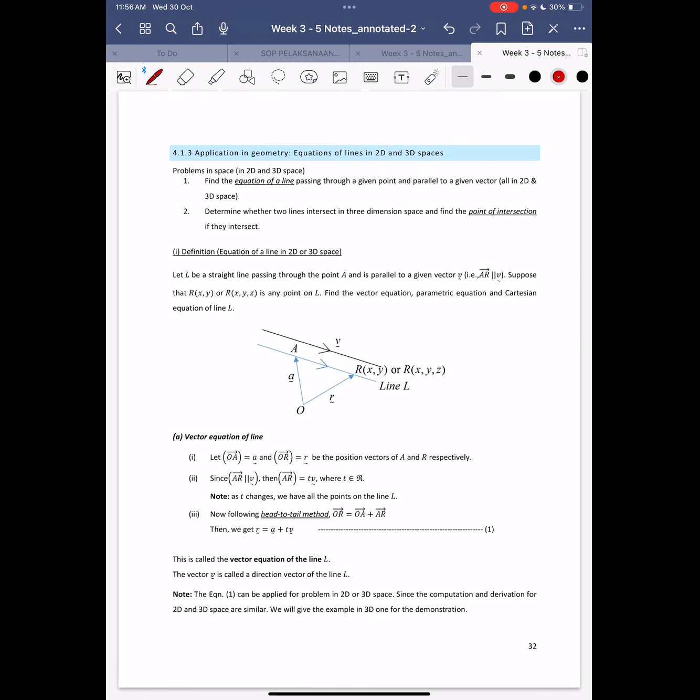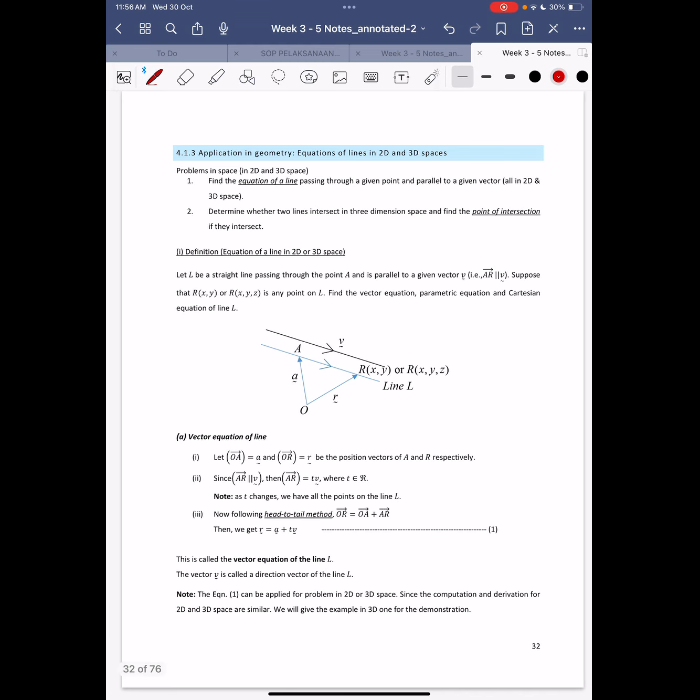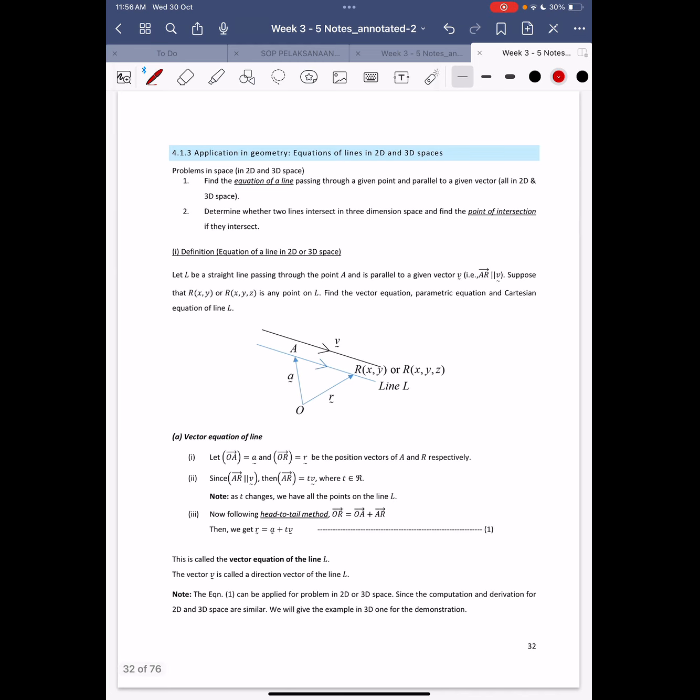Alright, now we look into 4.1.3, which is the application of the dot product in geometry. The reason vectors are very important is that we can use vectors to form the equation of a line, whether in 2D space or 3D space.